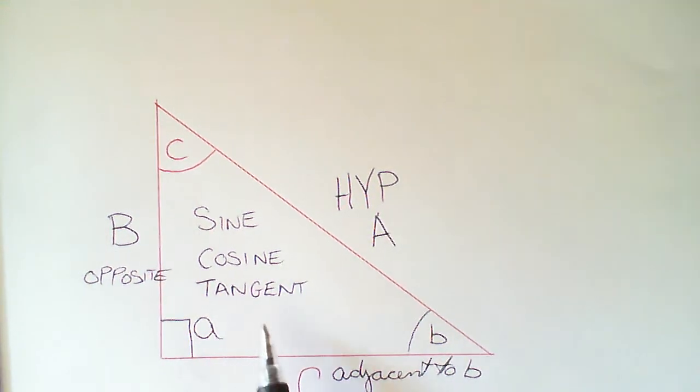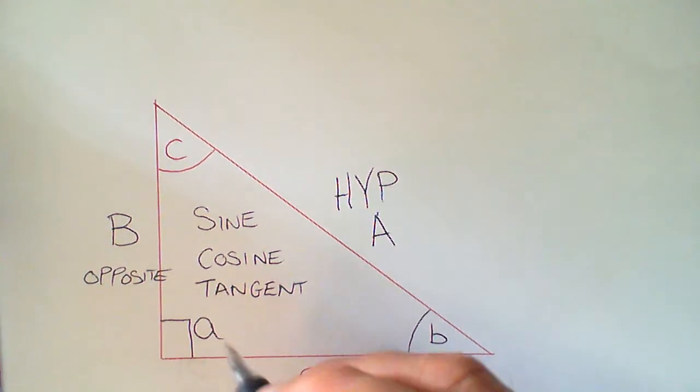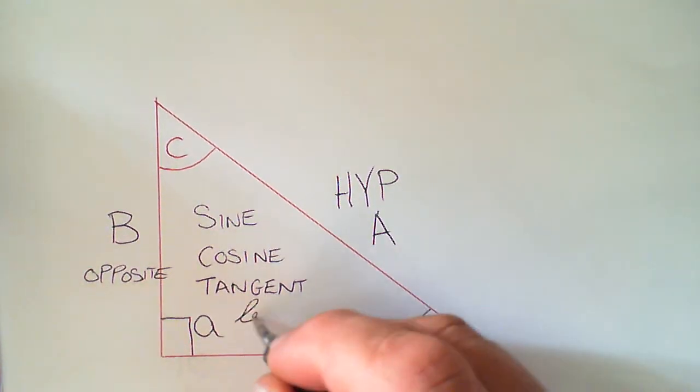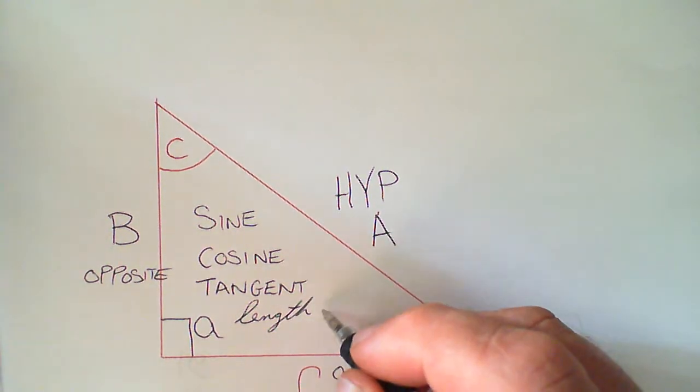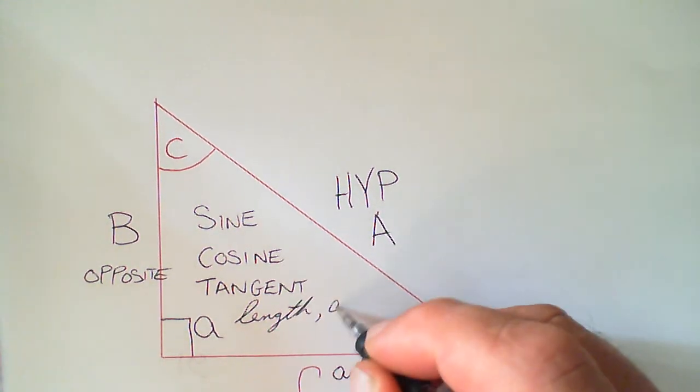For those to work, we need one length and one angle. So for that to work, we need a length. We also need an angle.